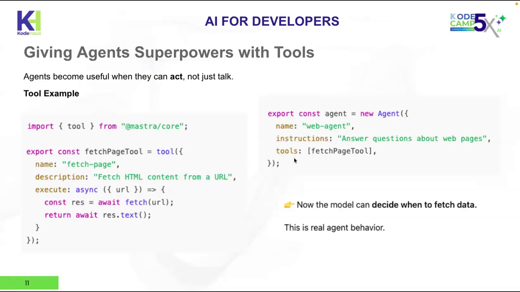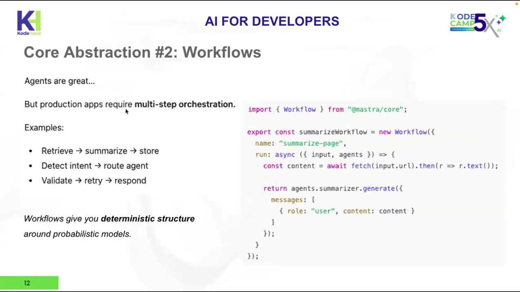When you create an agent, you pass a tool in as a list. So then we have workflows. You create workflows in order to orchestrate the agents. And you can actually have the run method here where you can decide how you do your orchestration. You can see here, you fetch content and then the summarizer, an agent you already created and added to your workflow.